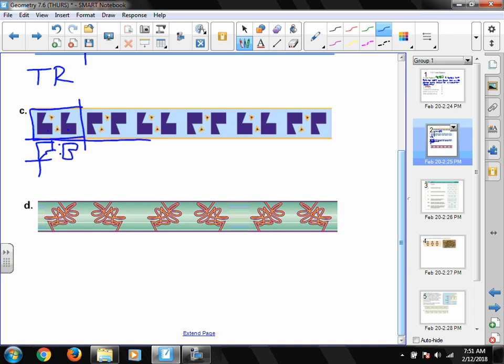Excuse my terrible drawing. But I also have to slide it back up then too. So since I have a reflection and a translation, this is going to be a glide reflection. So I have that G. Then D.